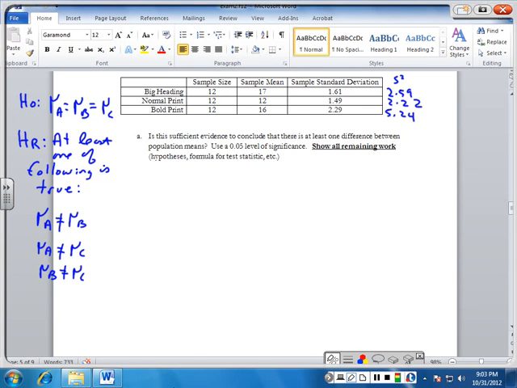I'm going to get my decision rule here, which is going to be reject H0 if F test is greater than some value. So we'll need to get degrees of freedom for this. The degrees of freedom for the numerator is k minus 1, which is 3 minus 1 is equal to 2.